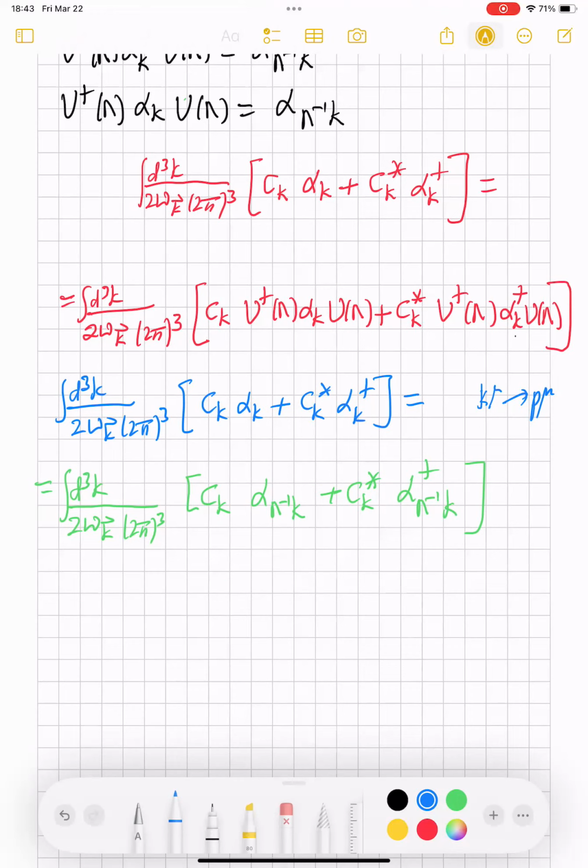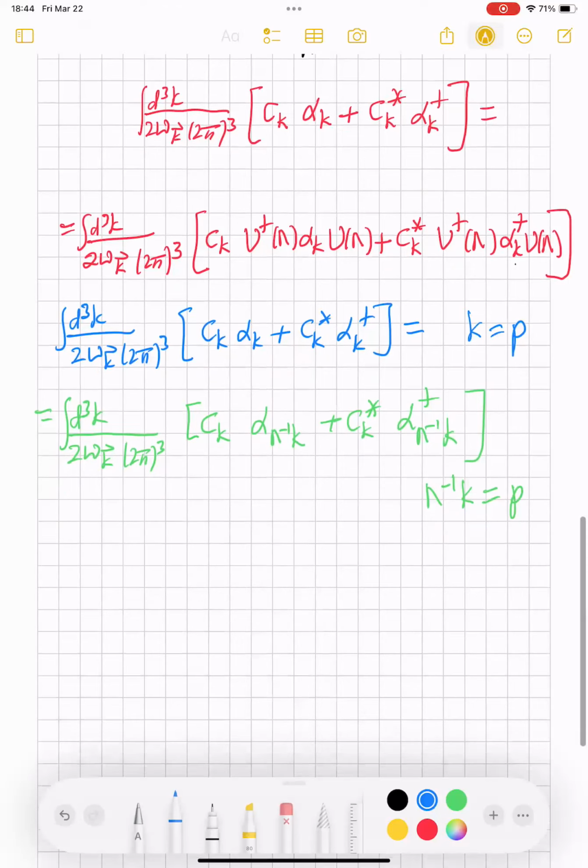And for the green term, I'm going to change from lambda minus 1 K to a new integration variable, which is P, okay? So actually, on the left-hand side of the equation, I'm just relabeling. I'm saying let K be equal to P, okay? So that's just a relabeling.